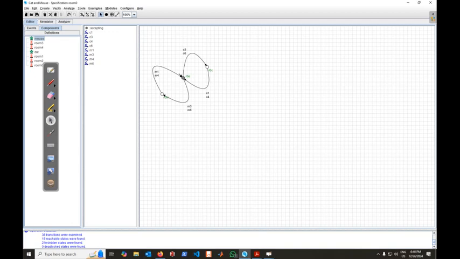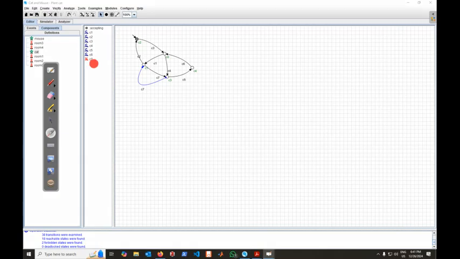If you can see here, this C means that the event is controllable. However, this is not the case, for instance, for event C7. This is the single uncontrollable event. It cannot be stopped.